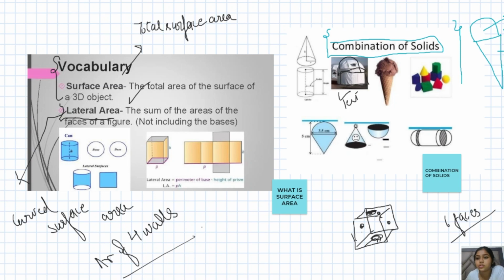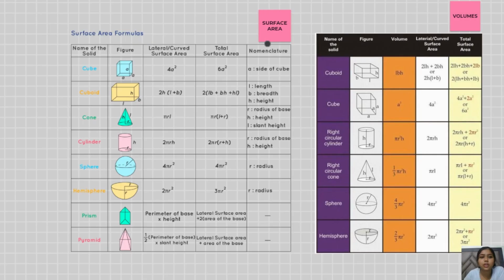So you can draw the tent like this, and if you have to find the volume of this, you have to find the volume of both of them, and then only you can find the volume of this whole combination, right? The purpose of putting this picture is to show you what we call a combination of solids, right?